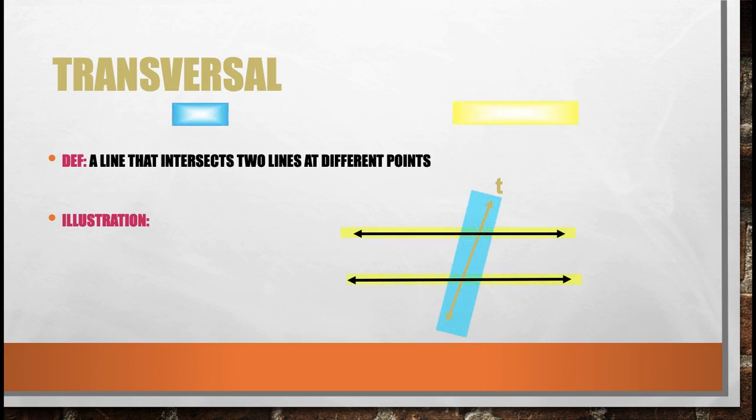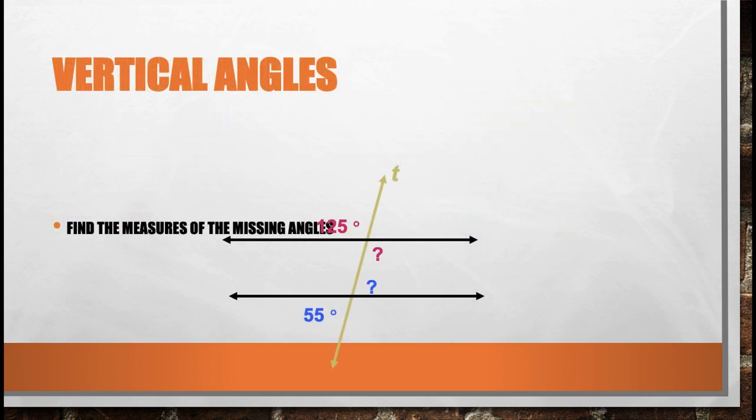Now you can see that you find the measures of the missing angles. Here I have given a missing angle. I told you about vertically opposite angles.